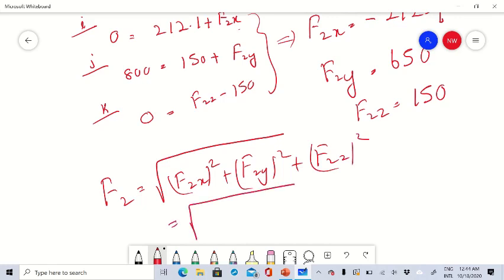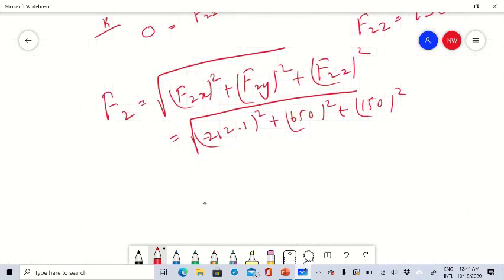So which means minus 212.1 squared plus 650 squared plus 150 squared, right? So here, which is equal to 700 Newton, right? So this is the magnitude of the F2 force, right?